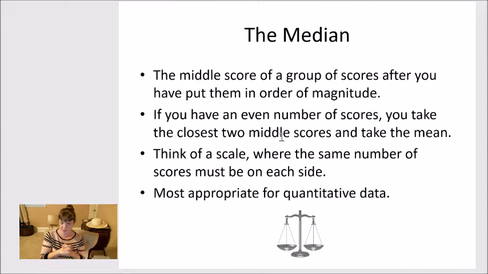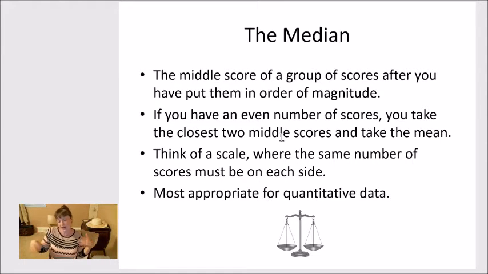This is different than the median. The median doesn't care about people's actual scores, not in terms of measuring the specific values. The median simply says, okay, you got a bunch of scores.